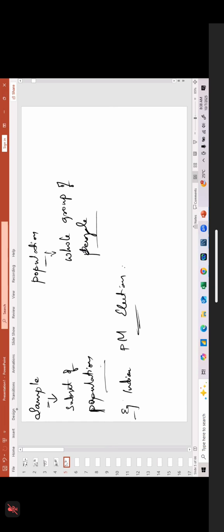Are they able to go to each and every person in the whole country, where we have a 140 crore to 150 crore population? Is it possible to reach out to every person and survey? No, right?